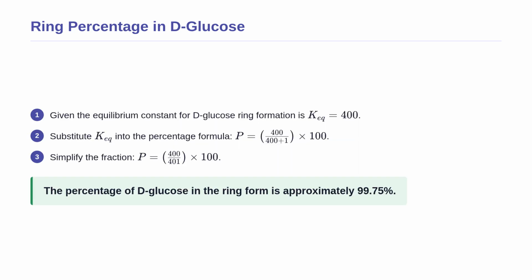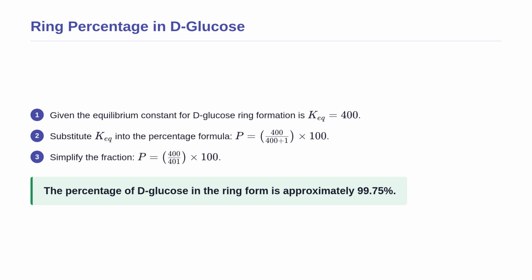Before we move on, let us see this with a concrete example using D-glucose. We are given that the equilibrium constant for the formation of the glucopyranose ring is 400. We want to find the percentage of glucose molecules that exist in the closed ring form. We substitute 400 into our formula, giving us a fraction of 400 divided by 401.